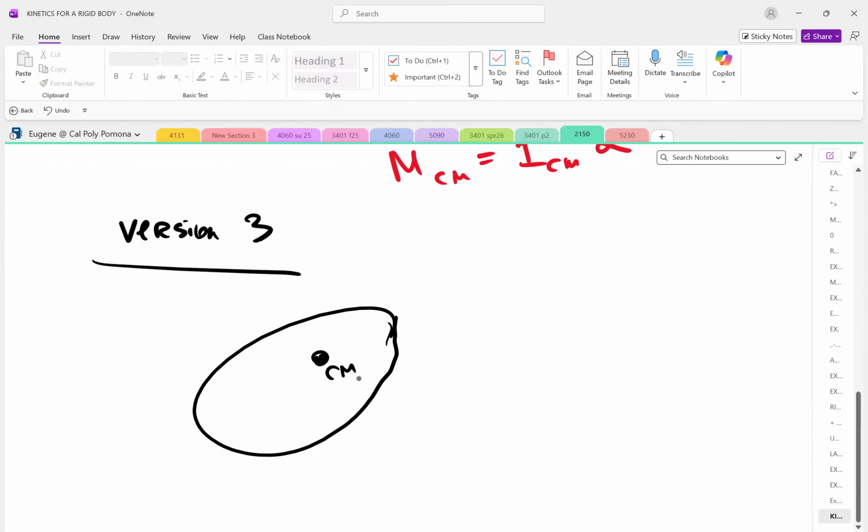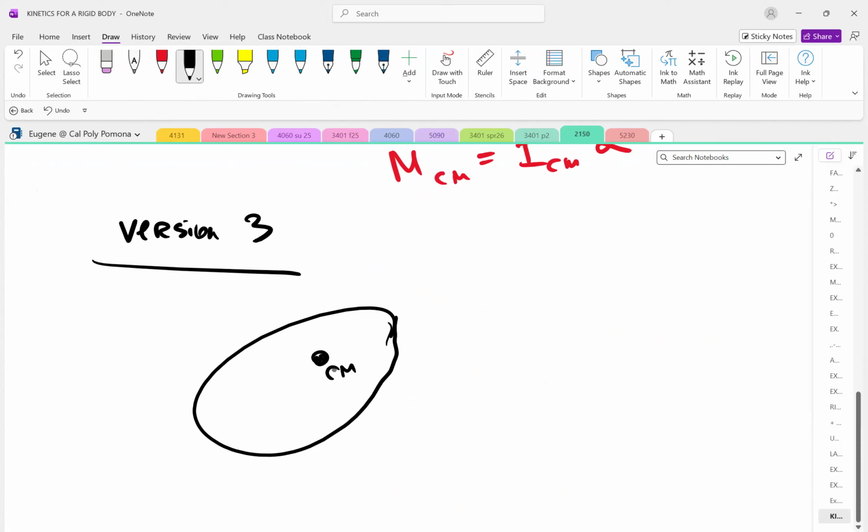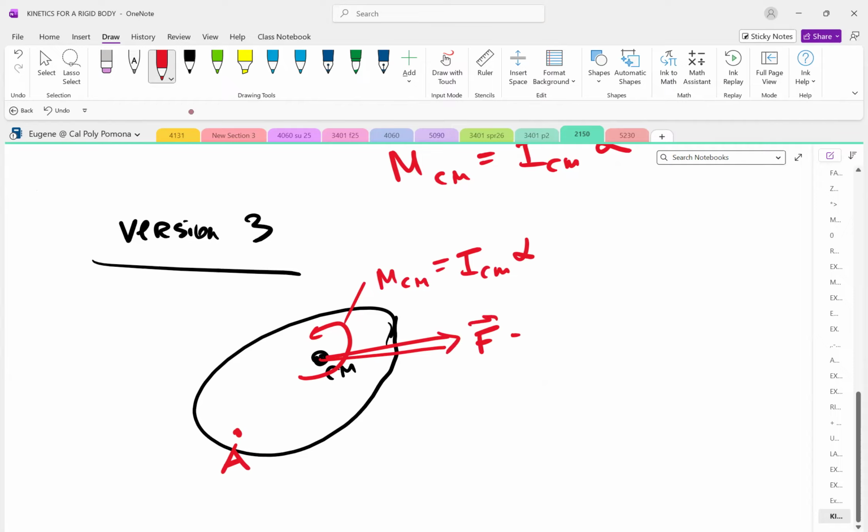Center of mass. And the moment equation looks like this. This is the moment about center of mass, and it's equal to I about center of mass times alpha. And we want to find something about point A, and we also have the resultant force F that equals M A of center of mass.